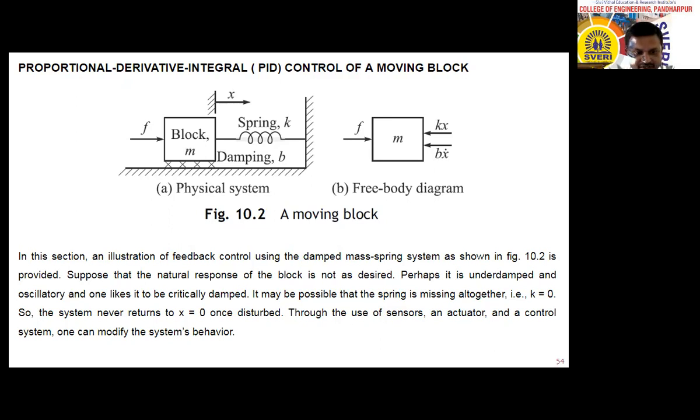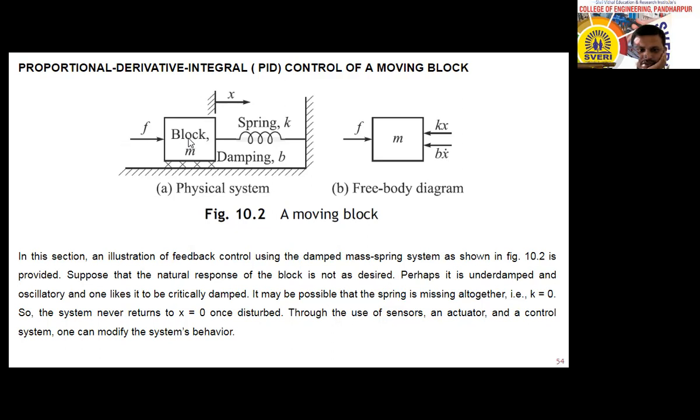In this section, an illustration of feedback control using the damped spring mass system as shown in figure 10.2 is provided. See that this is the spring mass system. This is the mass or block M. It is attached to the spring. One end of the spring is fixed, the other end is attached to the block M.